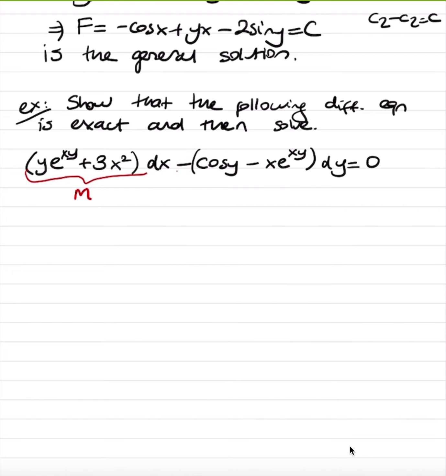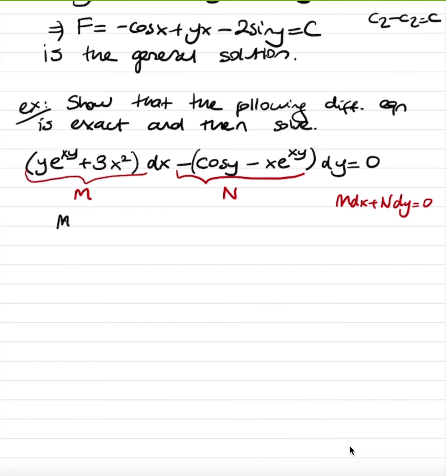So you should consider it with this minus sign, because the equation was M dx plus N dy is equal to 0. So you should take the minus with the minus sign.